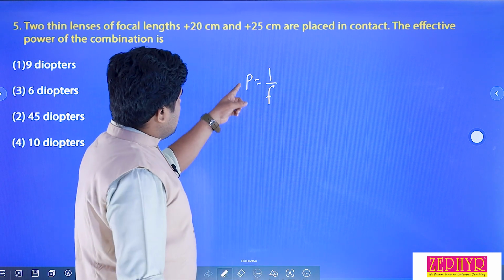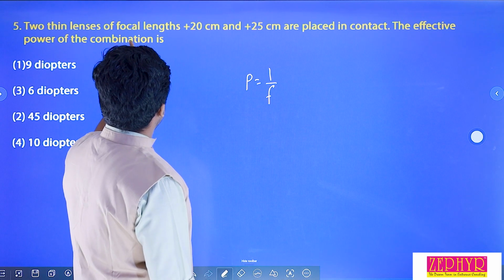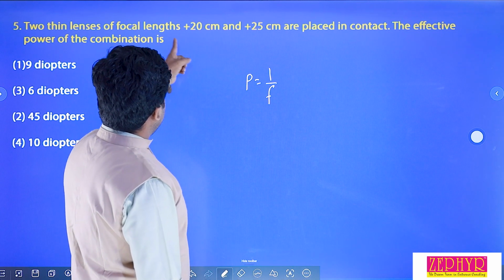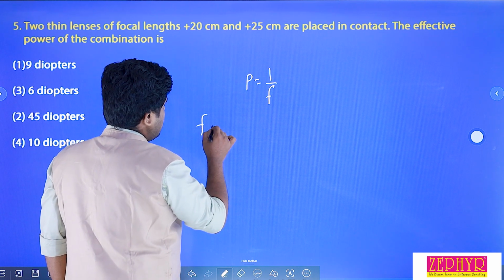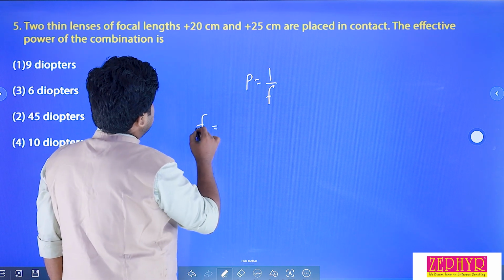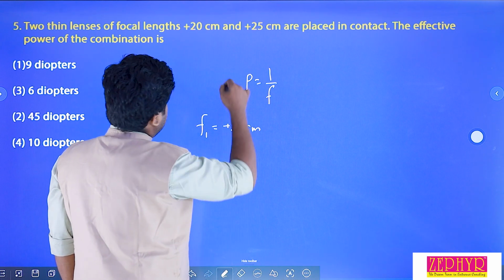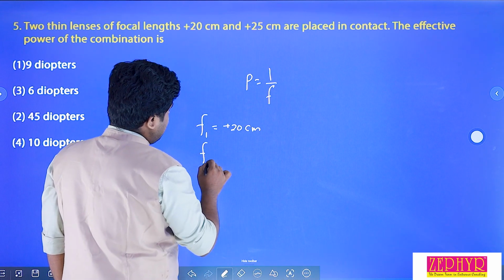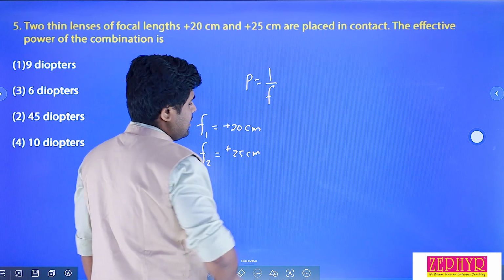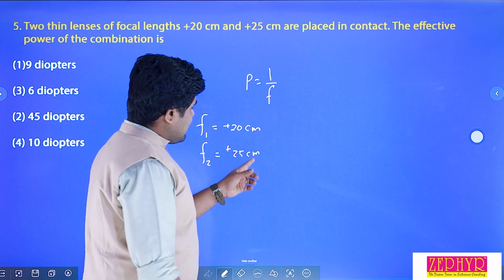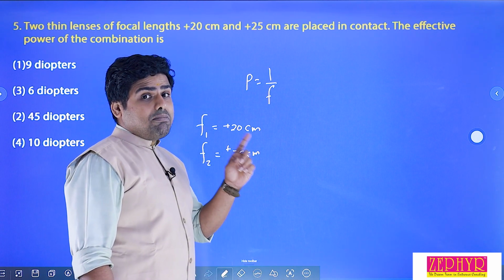So here there are two different thin lenses. Actually their focal lengths are different. The focal length of the first lens, f1, is equal to plus 20 centimeter, and the focal length of the second lens, f2, is equal to plus 25 centimeter. Clear? All this data is given in the centimeter system.